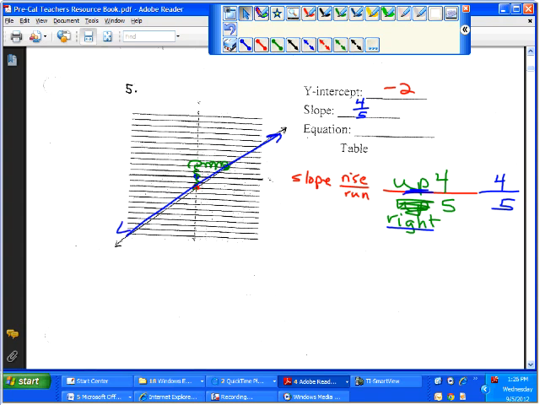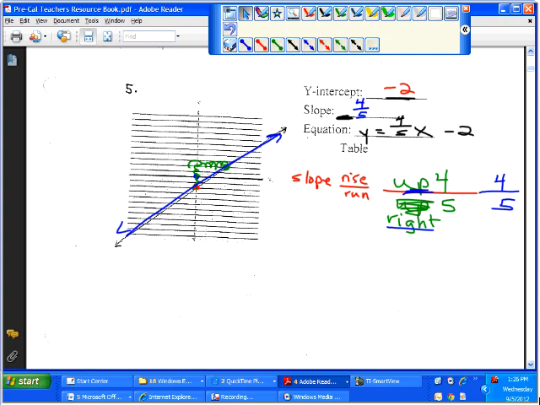So now I can write my equation: y equals slope, 4/5, x, y-intercept, -2. Any questions on number 5? We wrote the equation of a line from the graph of the line. To do that, we looked with our eyes to find the y-intercept and the slope. Any questions so far?